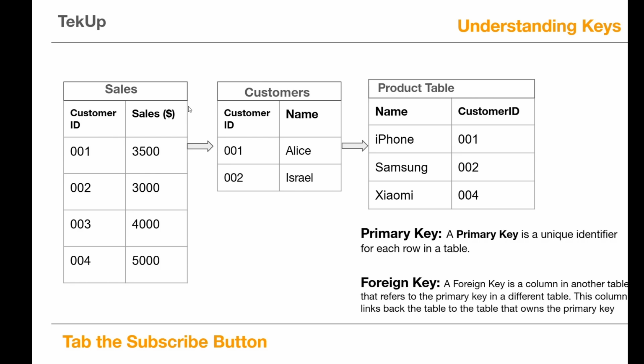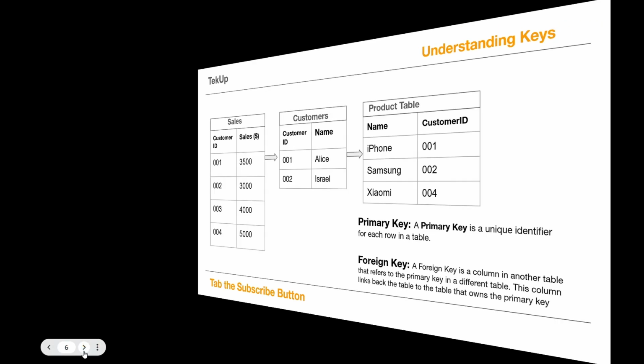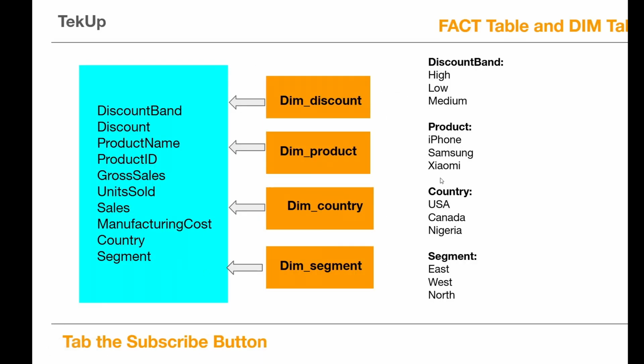Now, fact tables and dim tables. Dim tables are also called dimensional tables. When we are talking about a fact table, we are talking about the numbers that we want to analyze, for example, our gross sales, our units sold, our sales, our manufacturing costs, etc. But when we are talking about the dimensional tables, we are talking about the details describing those numbers that we want to analyze.